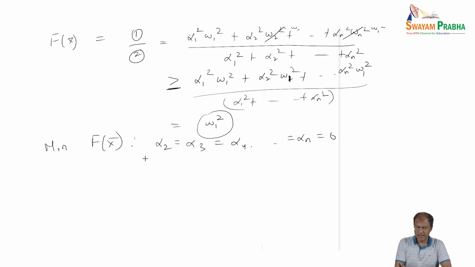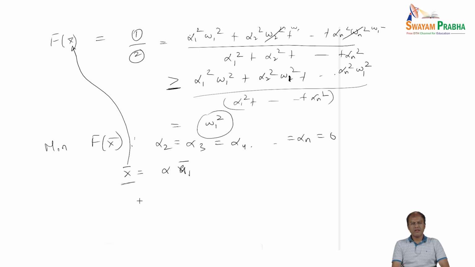The minimum is achieved when x, the argument of this function, is just a scalar multiple of the eigenvector a1, which means that this only corresponds to the fundamental mode. So that completes the proof of this Rayleigh minimum principle, and we'll continue our further arguments in the next module, on the further implications of this result. Thanks so far for listening.